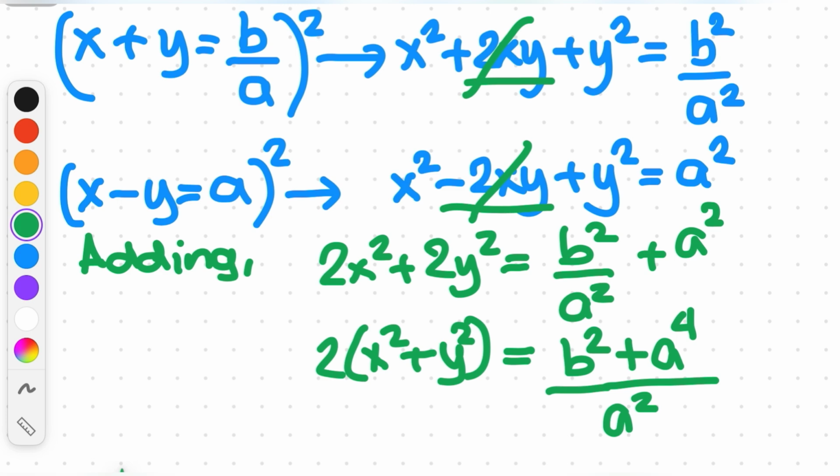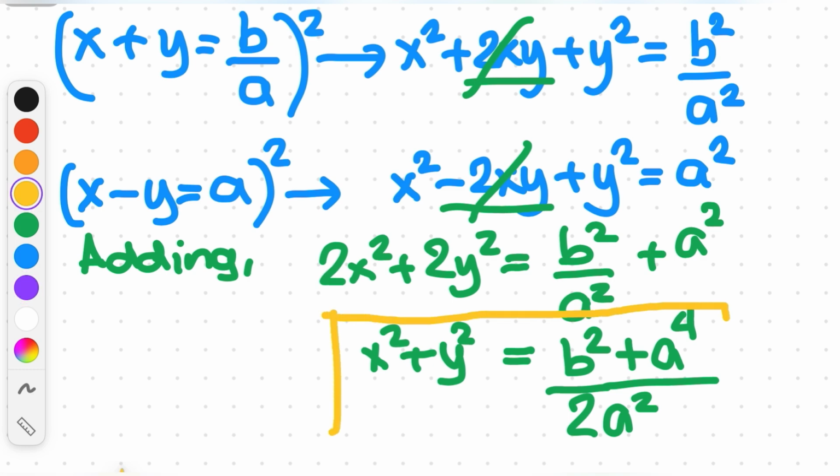Again, we're looking for x squared plus y squared, so all that's left to do is divide this by 2, and when we divide by 2, we get b squared plus a raised to 4 over 2a squared. That is the required expression.